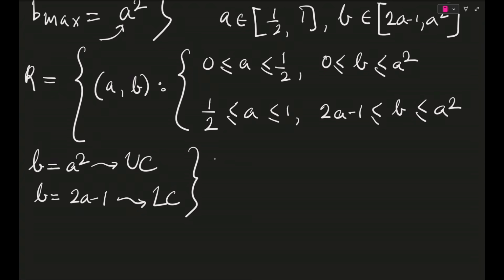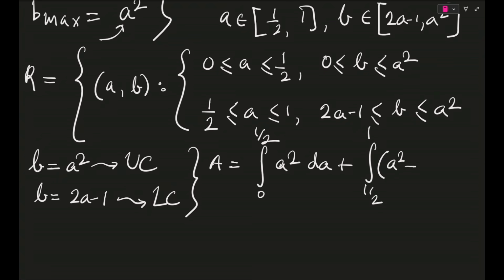So A will be nothing but, first is integral 0 to half, and that will contain completely a square, a square dA, plus integral half to 1, and this thing will contain upper curve minus lower curve. So basically a square minus of 2a minus 1, so minus 2a plus 1, dA.